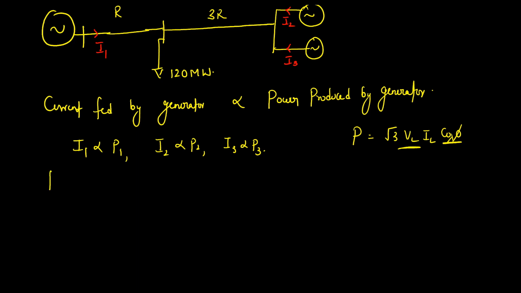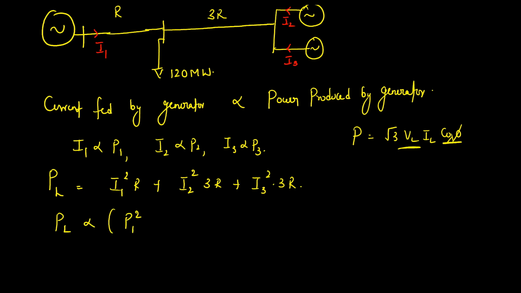So the total transmission losses will become I1 square into R plus I2 square into 3R plus I3 square into 3R. So your power loss is directly proportional to P1 square into R plus P2 square into 3R plus P3 square into 3R.